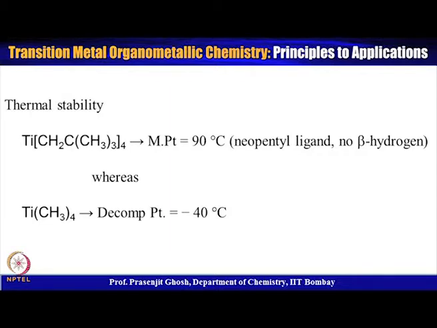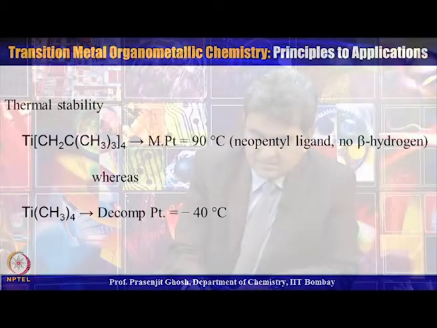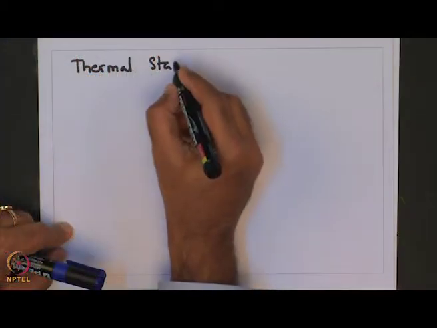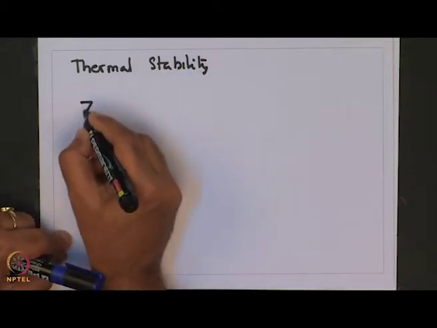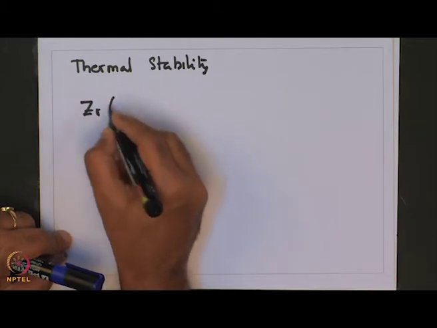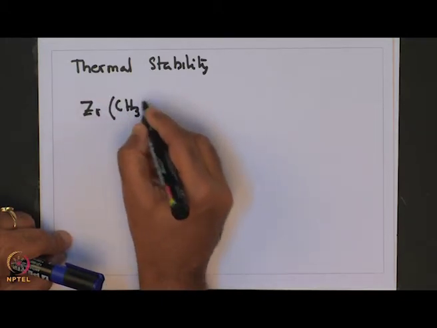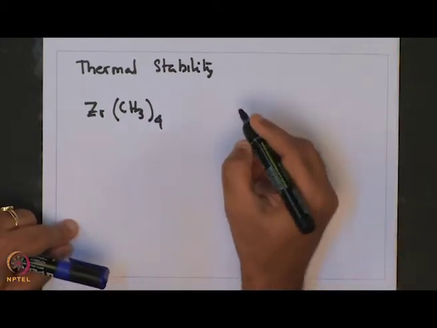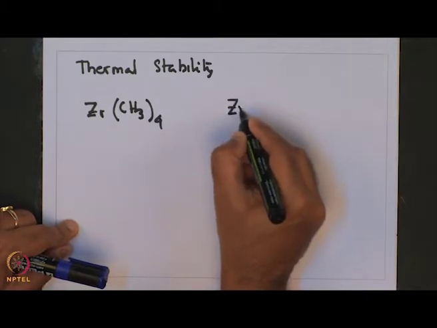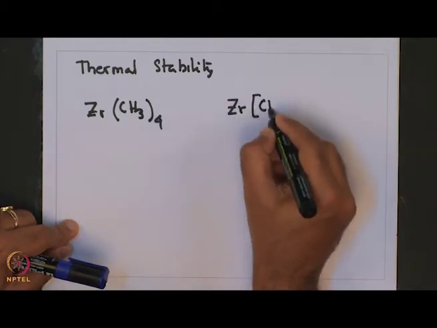For example, again let us take a look at another set of complexes. Let us look at the thermal stability of the following two compounds: zirconium tetramethyl, similar to the titanium tetramethyl we discussed earlier, and zirconium tetrabenzyl.